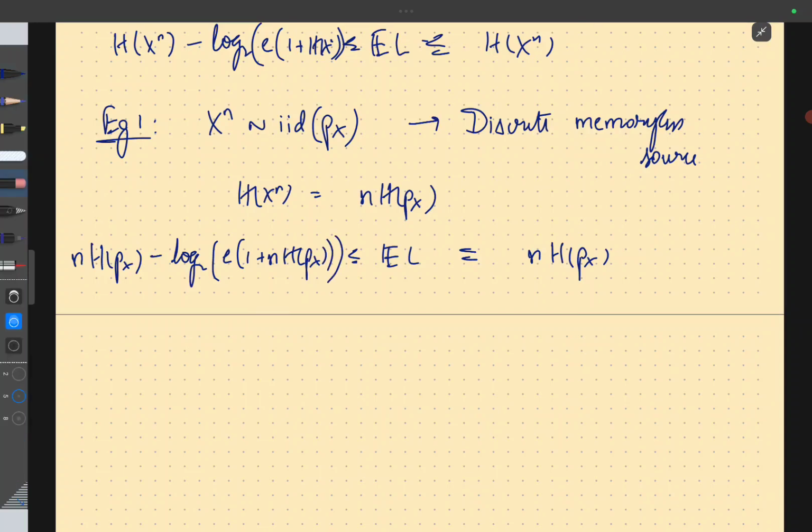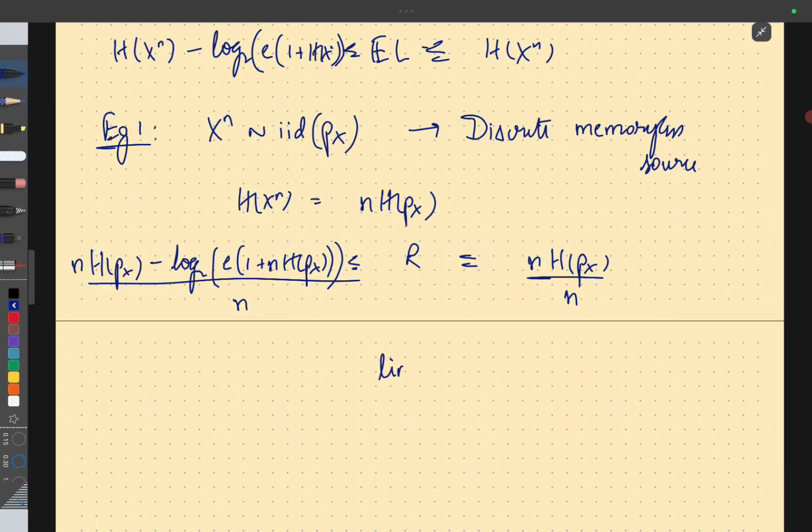Or effectively, if I write this in terms of the rate, the rate is the expected length divided by n. As n tends to infinity, if I take the limit for both the upper bound as well as the lower bound, the upper bound converges to H(P_X).